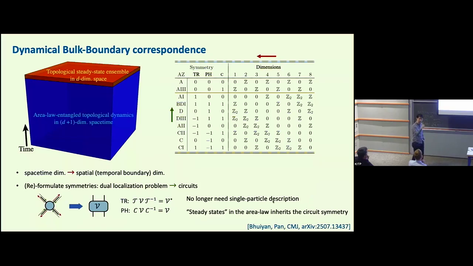These tables are usually organized in such a way that if you move the dimension this way, move the symmetry this way, the classification stays entirely the same. It basically means that you can go classify the bulk dynamics directly. You can look at the final state. It's just the same thing, right? And then the 1 plus 1D model exactly matches onto this very general picture.